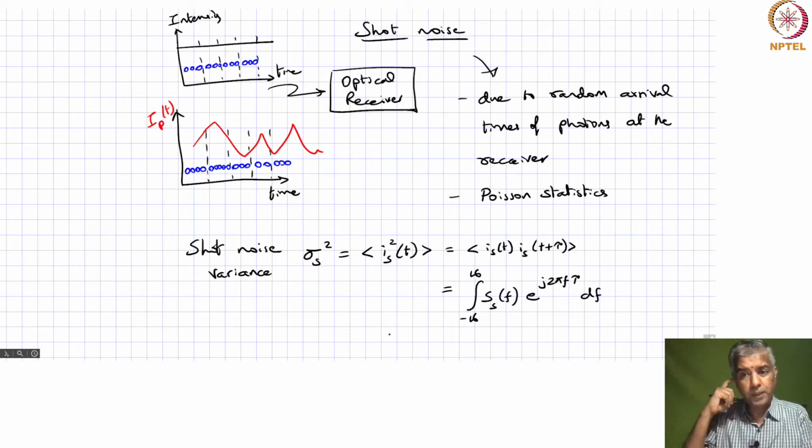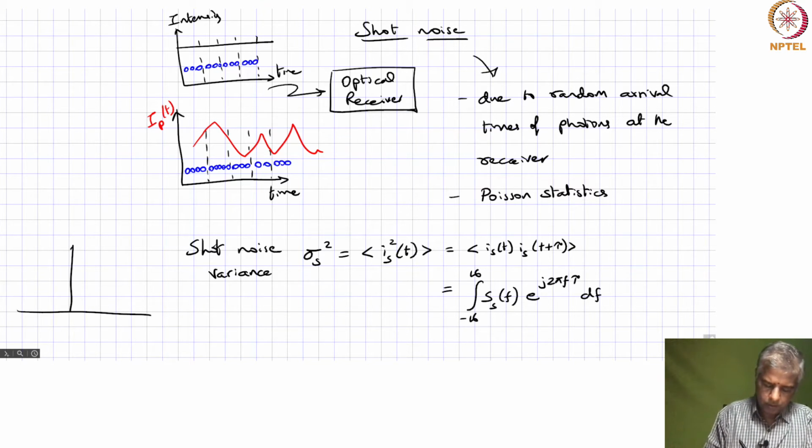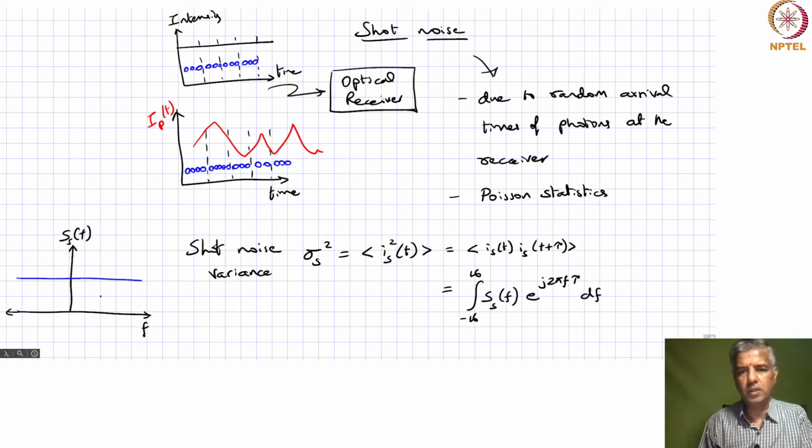Now, when we talk about the power spectral density of this Poisson process, you can just draw this over here. So S_s of f as a function of f will be sort of a white noise. It will correspond to just some constant value across all frequencies, and that constant value is dependent on the amount of power, on the mean number of photons.